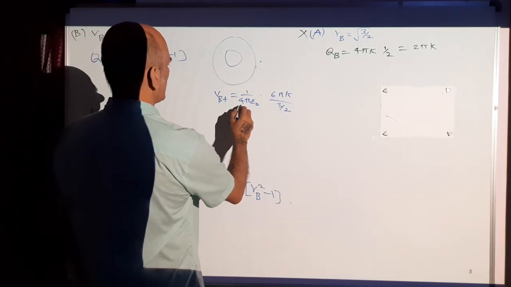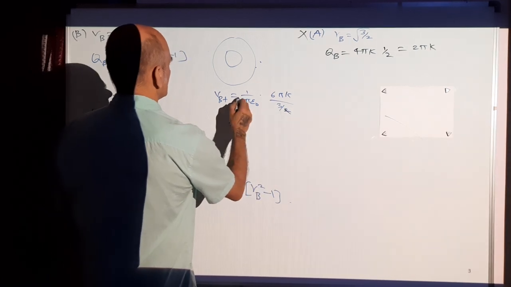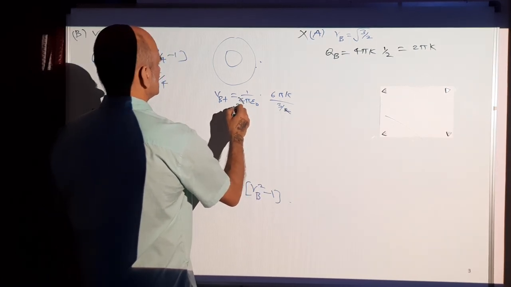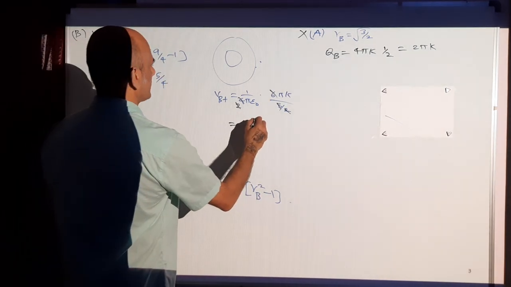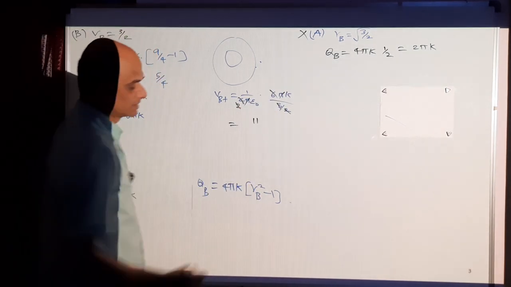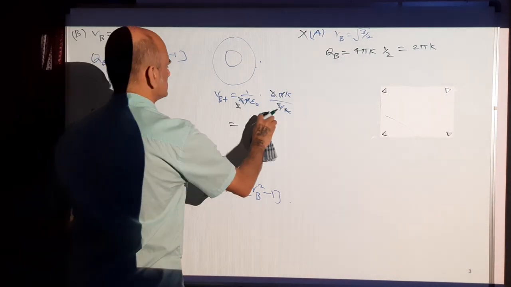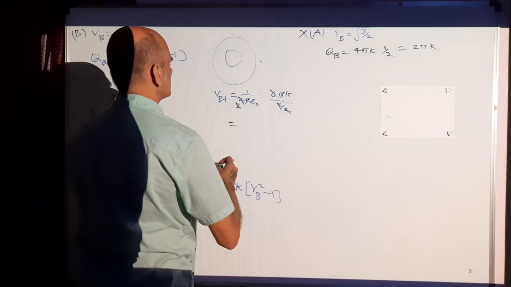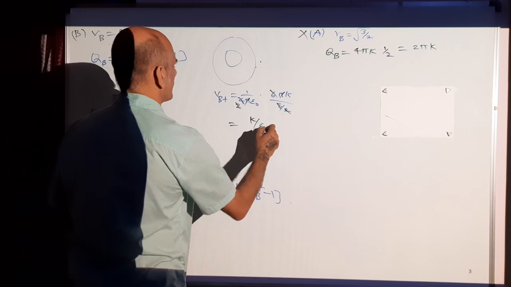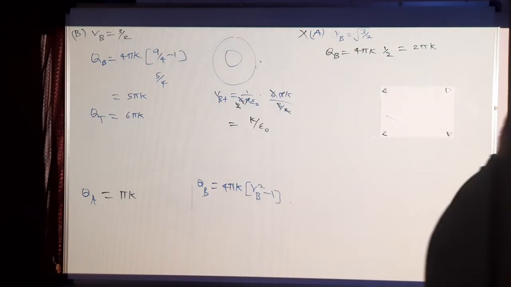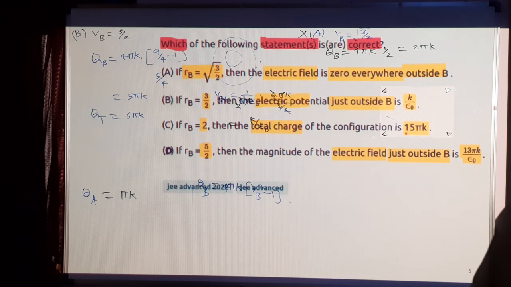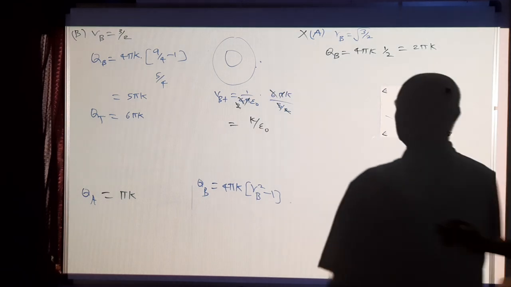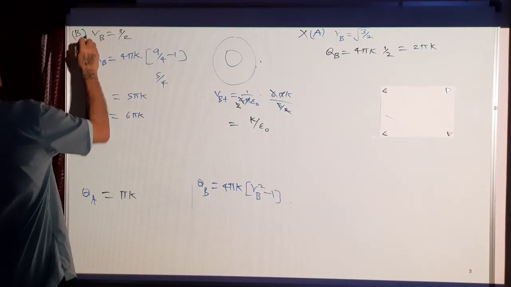So the numbers will cancel, and pi will also cancel. So the potential will be K by epsilon naught. So option B is true because the potential just outside B is K by epsilon naught.